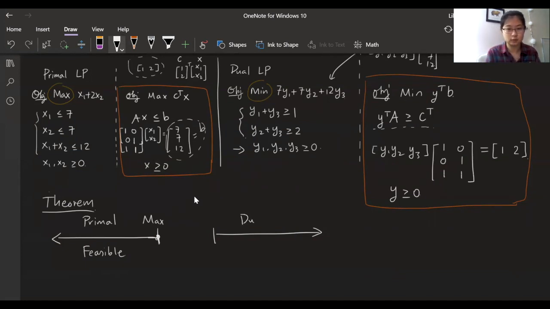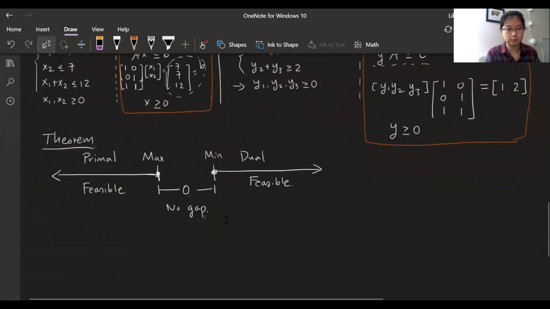And for the dual, this is the min, and going up are all the things that we can take. The theorem says that this gap right here is 0, that there is no gap. Whatever is the optimal for your primal is also the optimal for your dual.